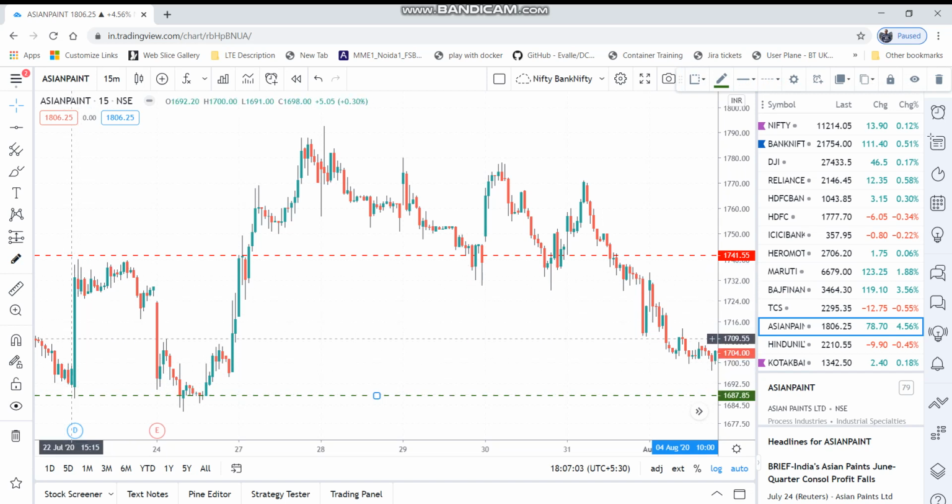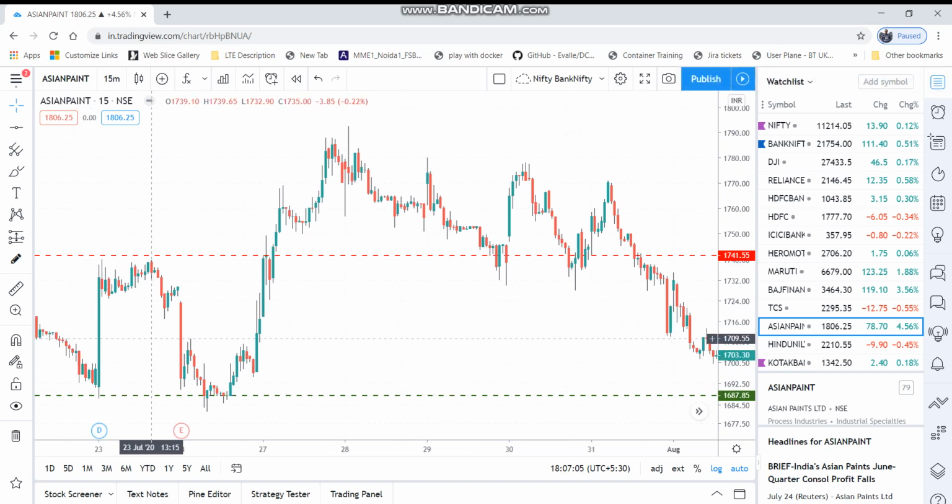Don't you think this is a big entry? It's not like these very small candles, but in a single 15 minute candle the price moved from 1688 to around 1738. Again some sellers started pulling down the price, but at this price they are defending these stocks, and again the price started moving up.